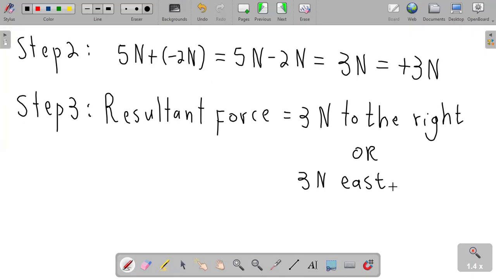To the right is the same as east. So this is what they mean: the resultant of the vector should be in words.